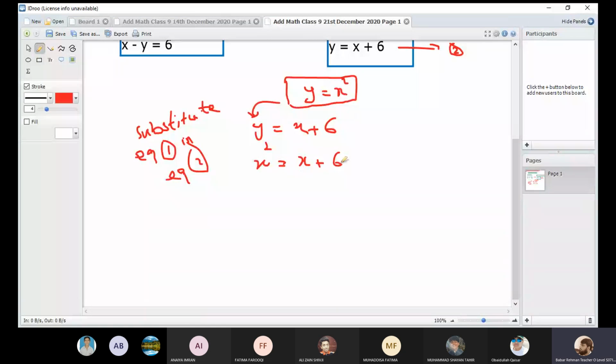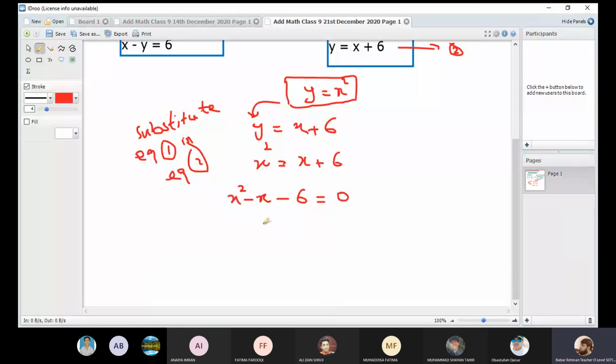I shift x and 6 to the left hand side, because these are on the right hand side. So when I bring x over here, it will have a negative sign. And what about 6? 6 is also with a negative sign. What will be left here? Sir, x square minus x minus 6. What is left here? 0. Very good.